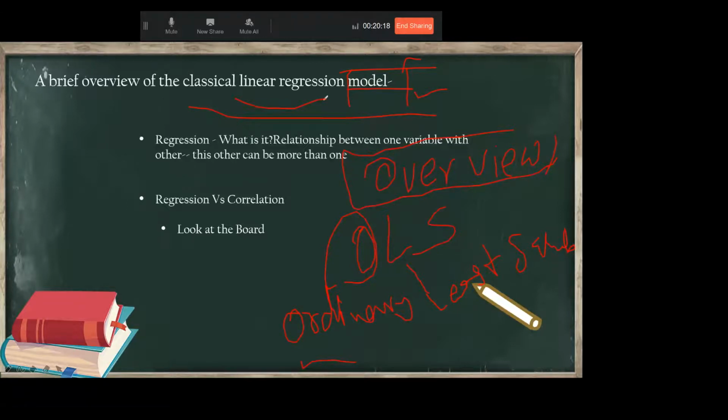Then in the second part of this section, we will talk about statistical inference. It will include different ways of making a hypothesis. Hypotheses are claims based on your intuition. You want to know about a relationship and you want to prove it mathematically.